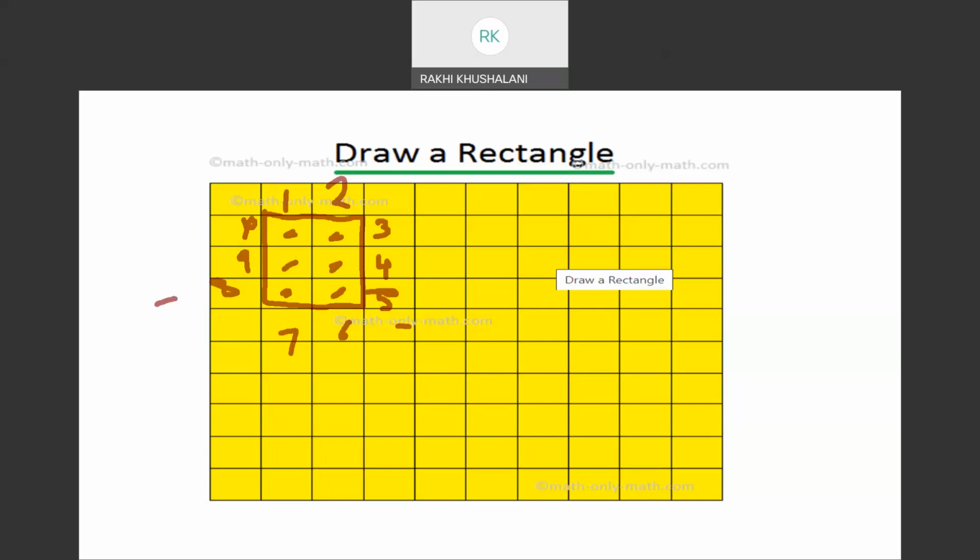Perimeter is 10 units and area is 6 square units of this particular shape. Now let's look at something more.